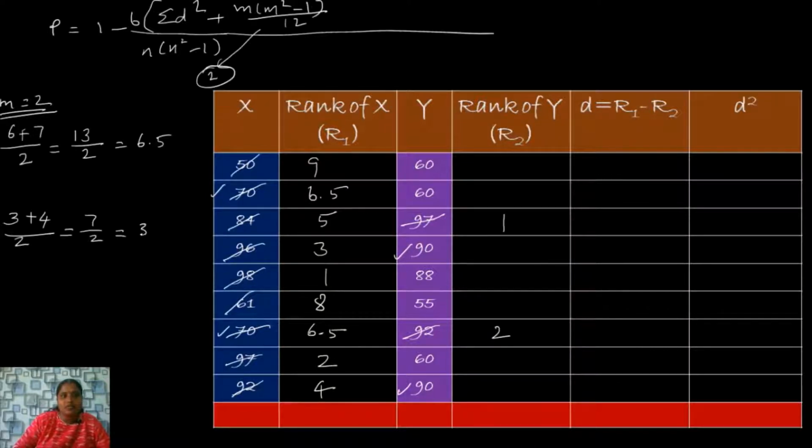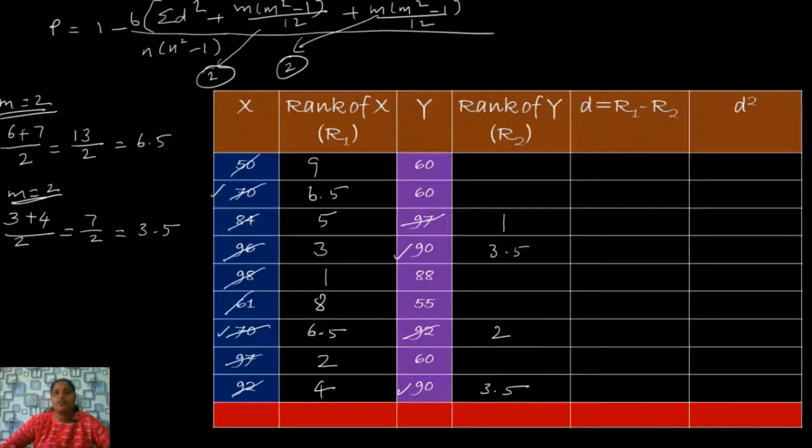You get the value 3.5. So now I am going to assign 3.5 to 90. Here the value 90 is repeated 2 times, so m takes the value 2. So again you have to add one more correction factor, m square minus 1 over 12, to sigma d square. In this case m takes the value 2.